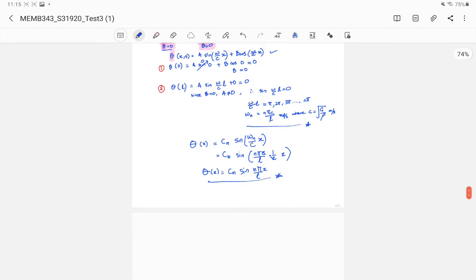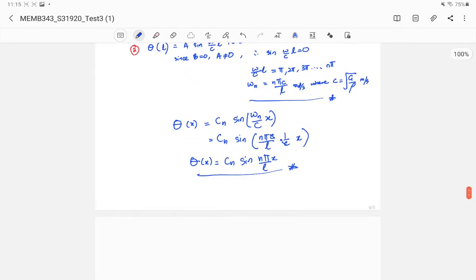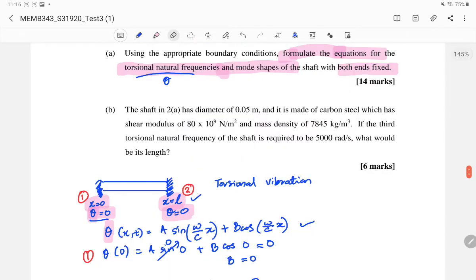Now we want to take a look at part B. In part B, they give you all the parameters: the diameter, the shear modulus G, and also the rho. They also give you the third natural frequency value.